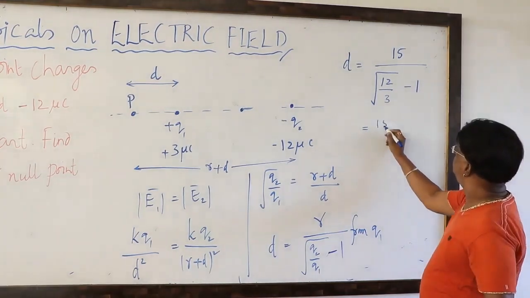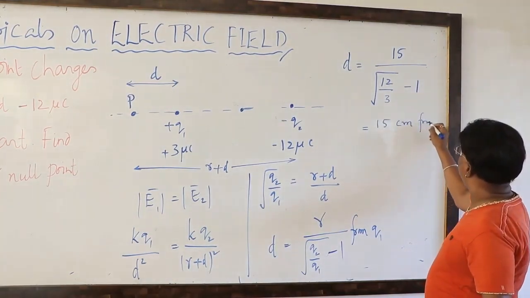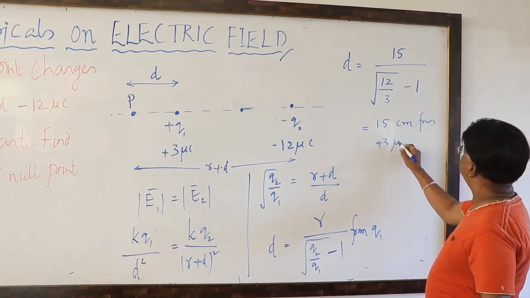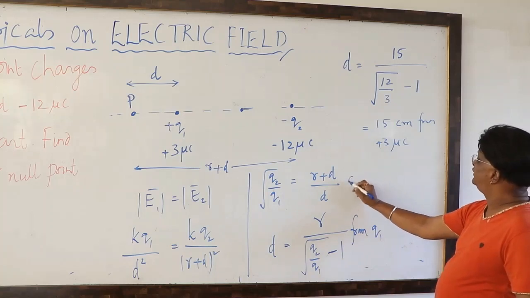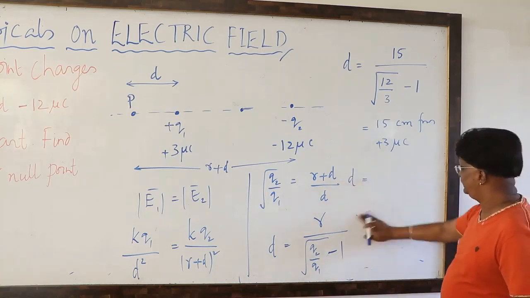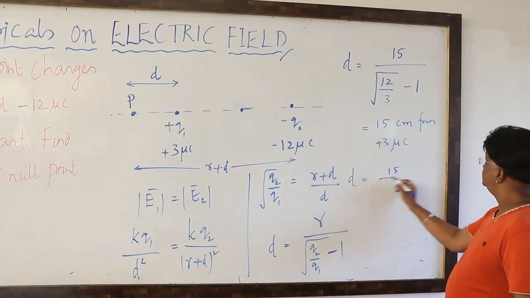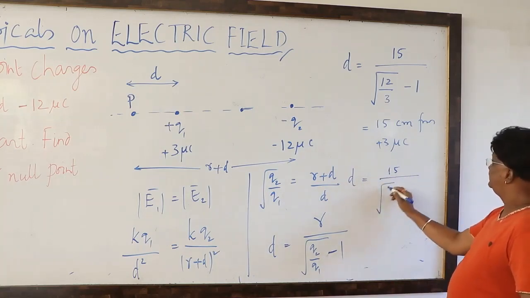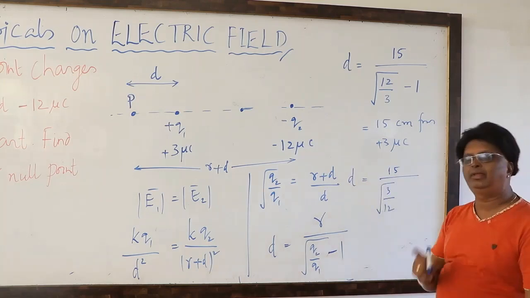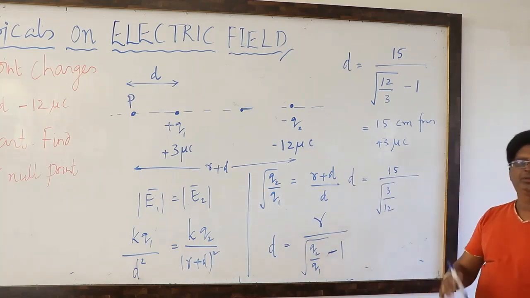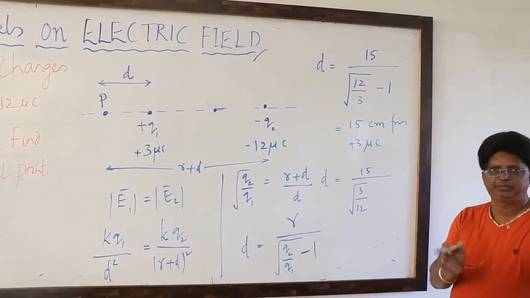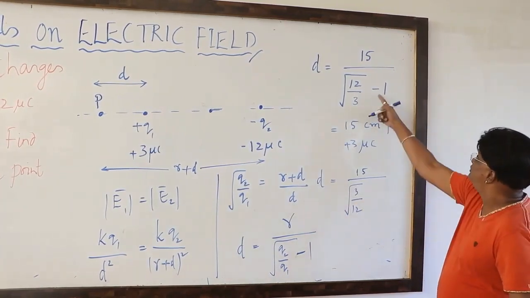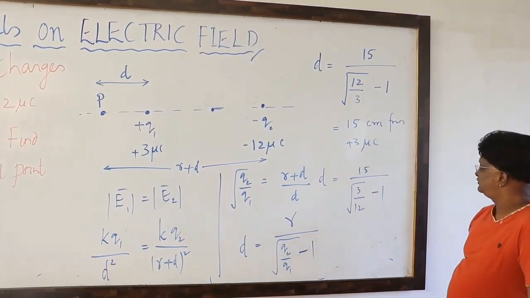So this is 15 centimeter from 3 microcoulomb, which is positive. Or else, if I calculate D as 15 by, if I write it as 3 by 12, then the distance is from 12 microcoulomb, like this. In the case of field examinations or other examinations, this is a simple thing to be implemented. And again, minus 1, don't forget, right? This is minus 1.